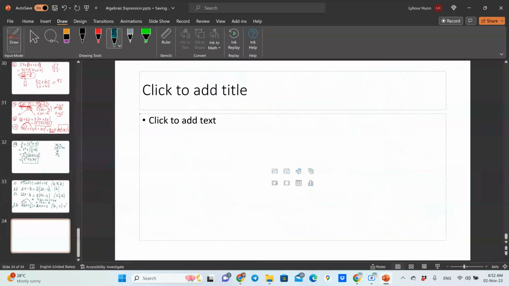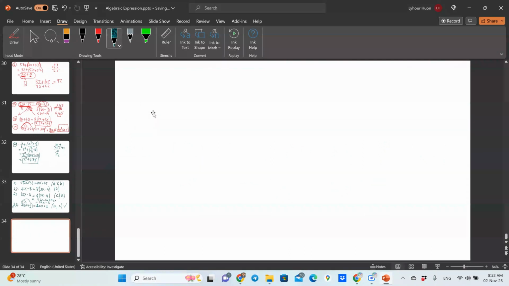Okay, new slide. So let's do the word problem. They say write the algebraic expression that represents each purchase.